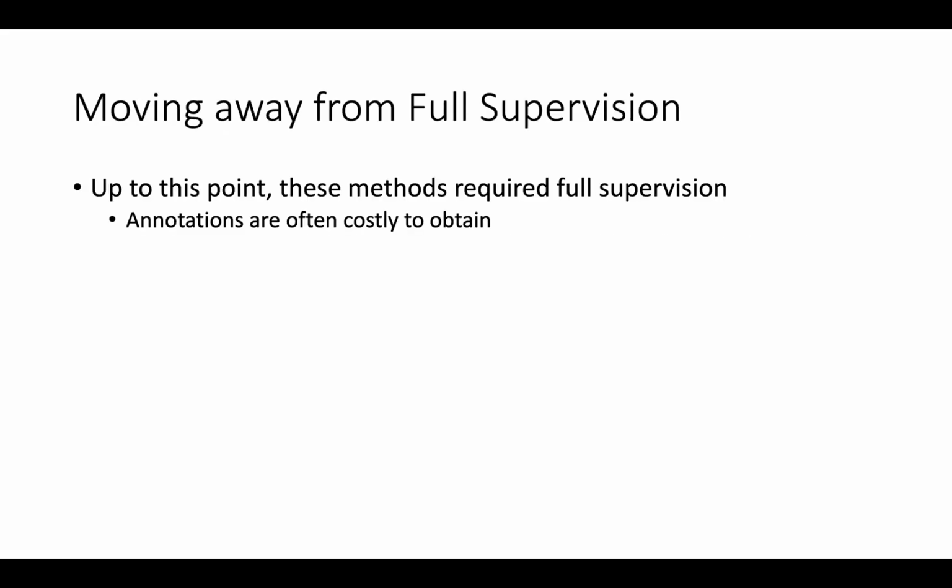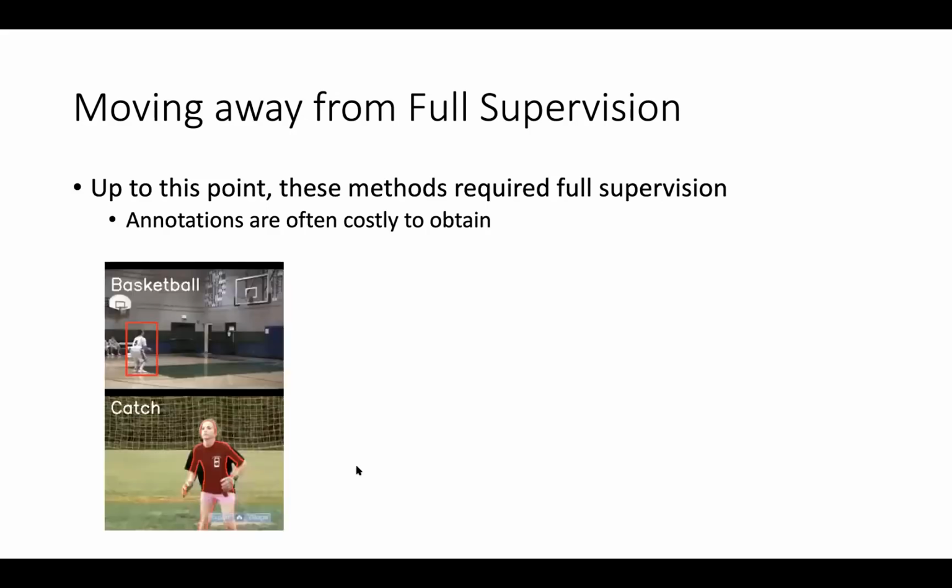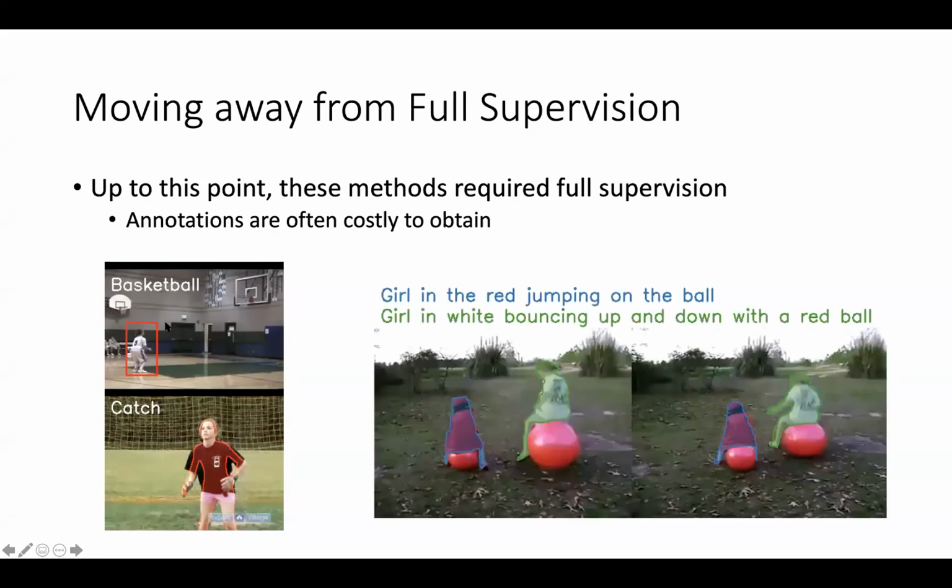So up to this point, the 3 methods that I've showed have all required full supervision. By that I mean they required annotations that were human-generated. For example, for action detection, we require the class name as well as the localization. And for the text-based video segmentation, we require these segmentations as well as human-generated sentences which correspond with the segmentations.